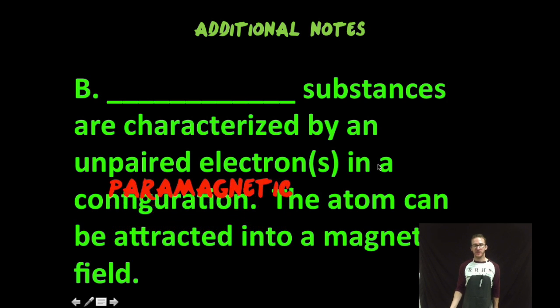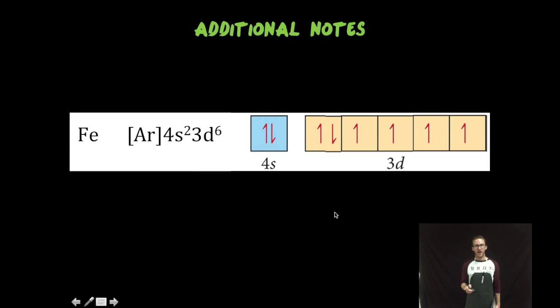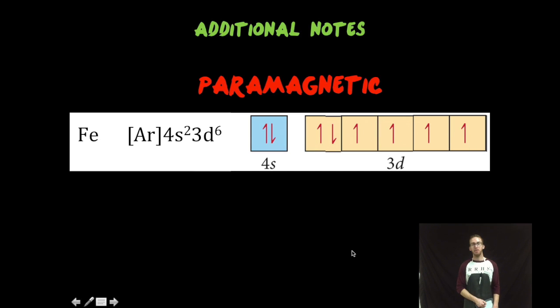Isoelectronic. We also have some substances that we say are paramagnetic, and those are characterized by unpaired electrons in a configuration. And due to the unpaired electrons, the atom or ion can be attracted into a magnetic field. Great example of a paramagnetic element would be iron. Bunch of unpaired electrons, paramagnetic.